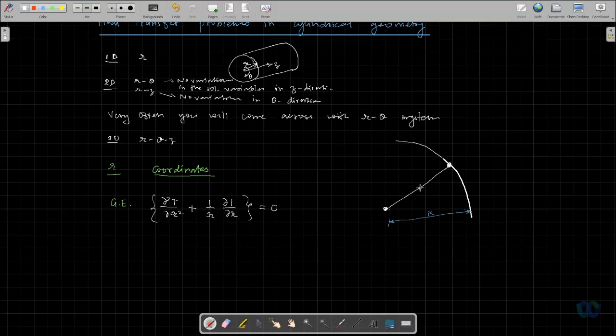You have to convert this one dimension, the R dimension, into different nodes. So say this is I, this is index I plus 1, and this is I minus 1, and these are boundary points. This is the center. We are considering this particular strip, and any point is at a distance Ri, and the difference between these two is delta R.